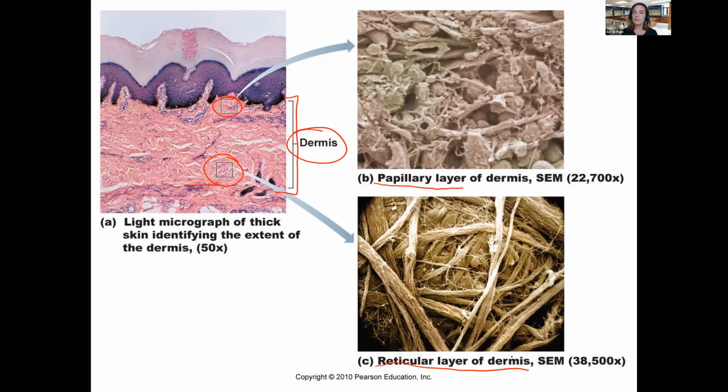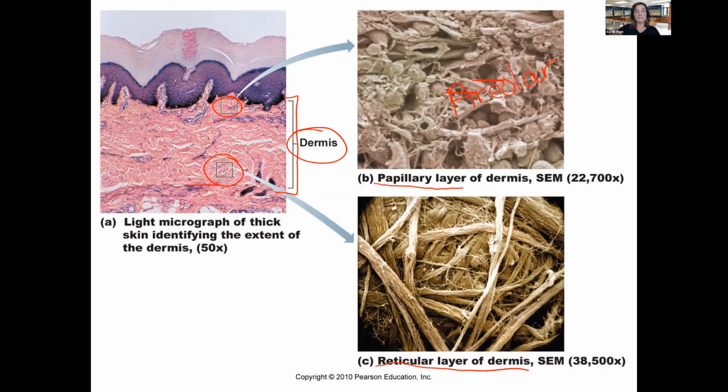Now the images on the right of the papillary and the reticular layer are scanning electron micrograph images. And you can see that the tissues in those layers are very different, okay? In the papillary layer, we have a loose connective tissue proper called areolar tissue. It has a lot of white blood cells in it.